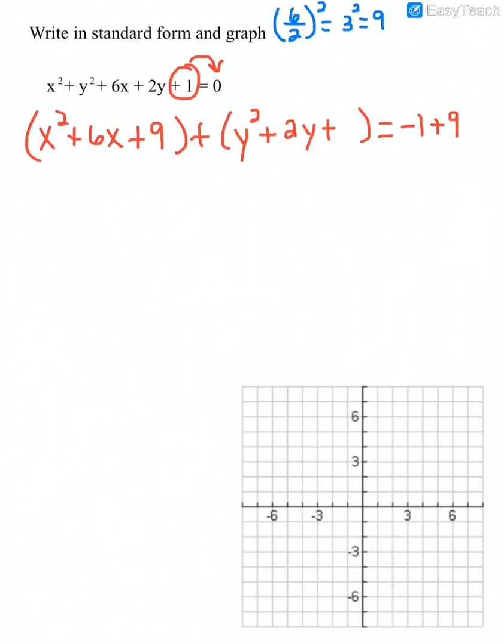For my y group, what is my b? It's 2. So 2 divided by 2 squared: 2 divided by 2 is 1, and 1 squared is 1. So I need to add 1 to my y group and add 1 to the other side of the equation.